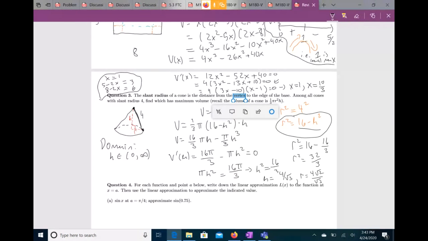If h is really, really... Or sorry, no, h can't be bigger than 4, actually. Never mind. Because if h is bigger than 4, then that can't have a slant radius of 4.